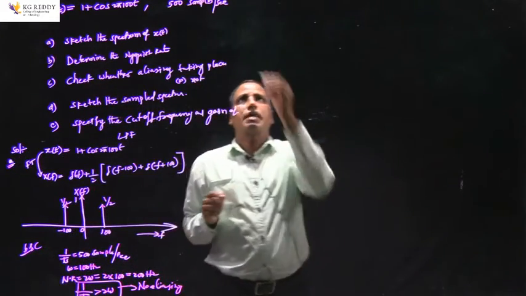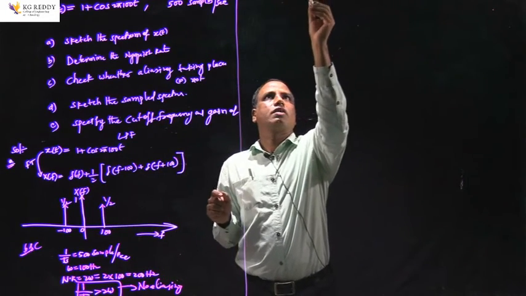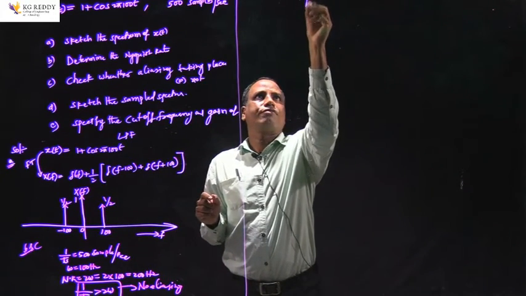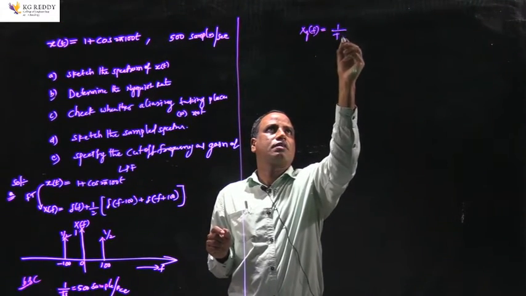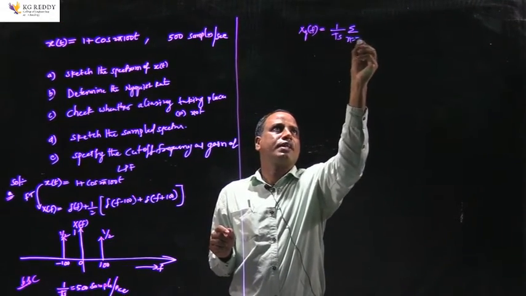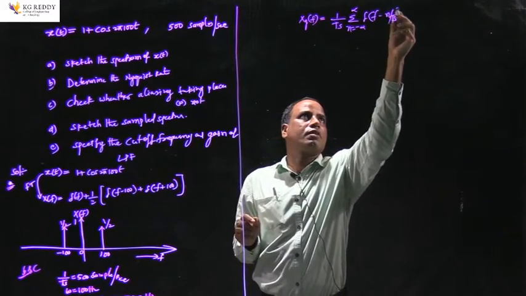Now the sampled spectrum. As I already told you, based on our discussion, the mathematical equation after the sampling is Xs of f equals 1 by Ts summation n varying from minus infinity to plus infinity, del of f minus n by Ts.